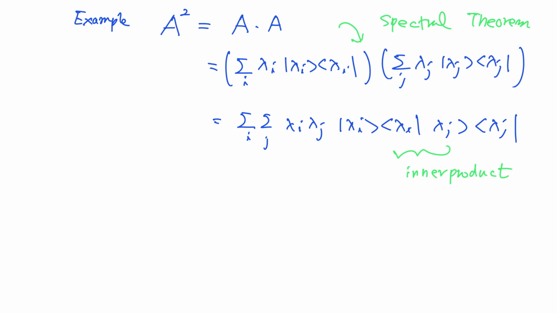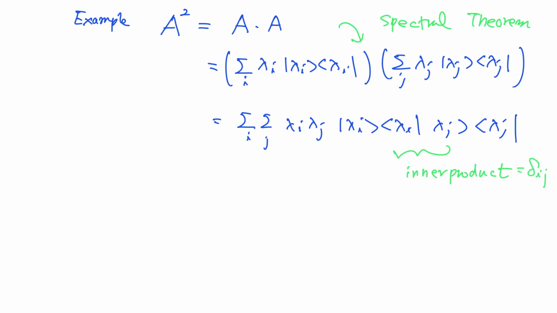That means when i and j are equal, it survives. Otherwise, it goes to 0, right? So this is basically delta ij.